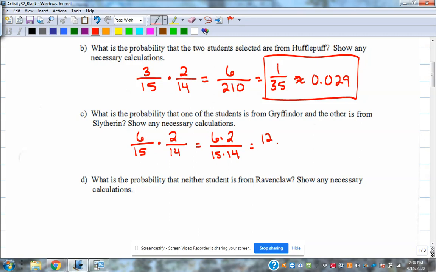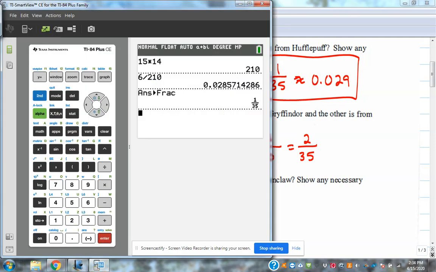So that's going to be 12 over 210, and we can reduce that. It should be 2 out of 35, I would think. 12 out of 210.